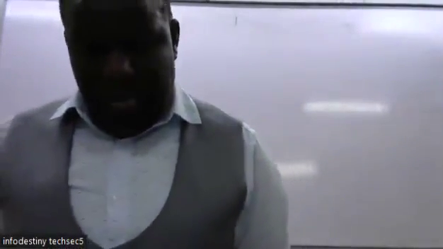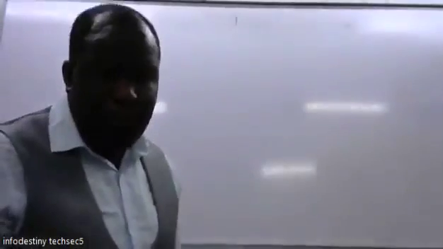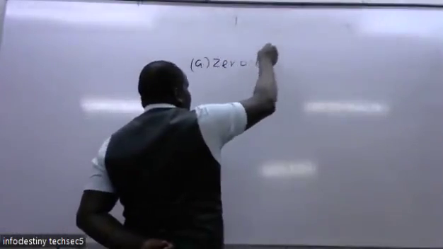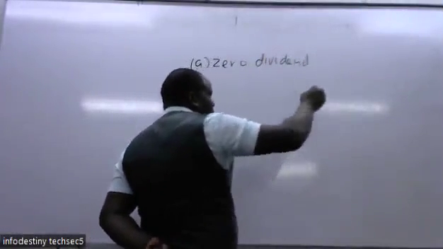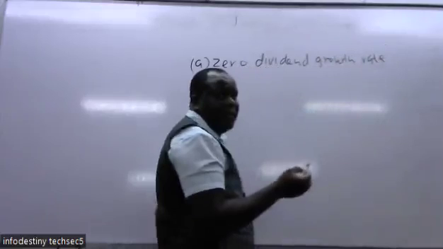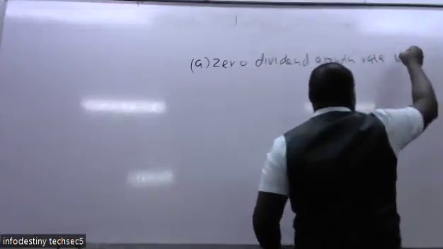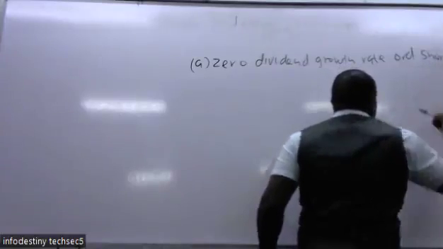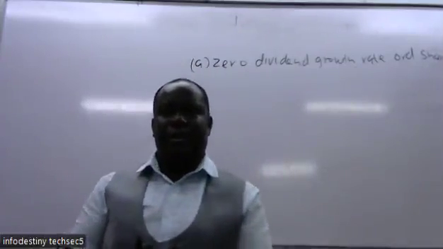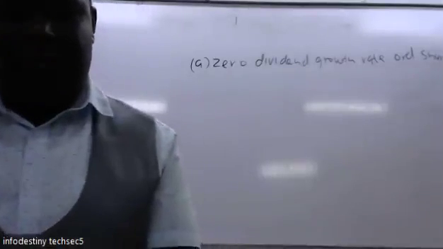So A will be zero dividend growth rate ordinary shares.